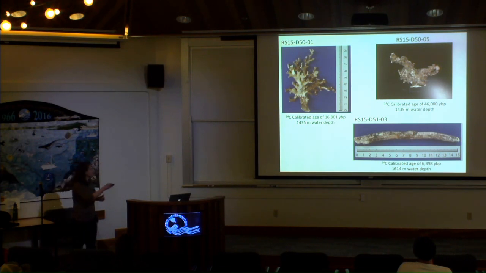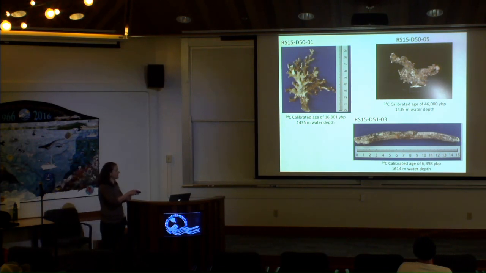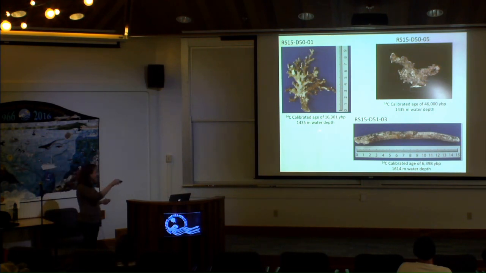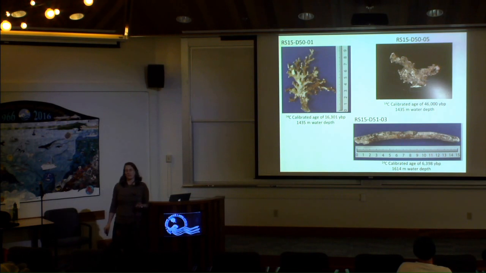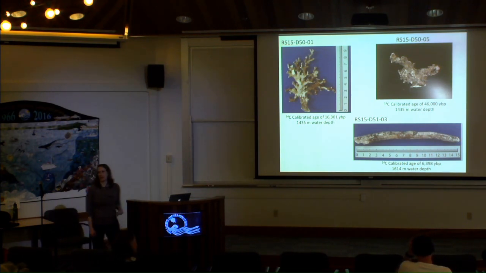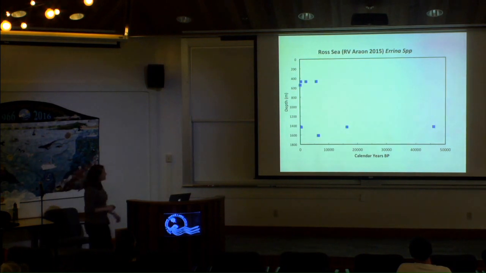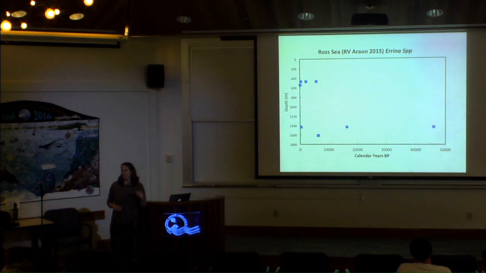As you can see, they're pretty old, and there's a pretty big range of samples, going from 6,000 years before present, to 16,000, and up to 46,000 years, which is right near the edge of radiocarbon dating abilities, which has been pretty exciting. This is just a distribution of some of the ones that we've done.